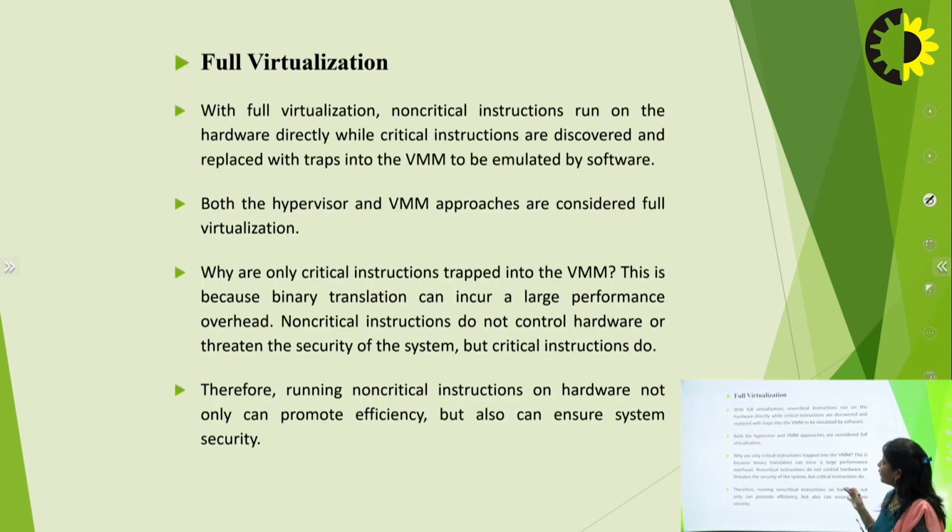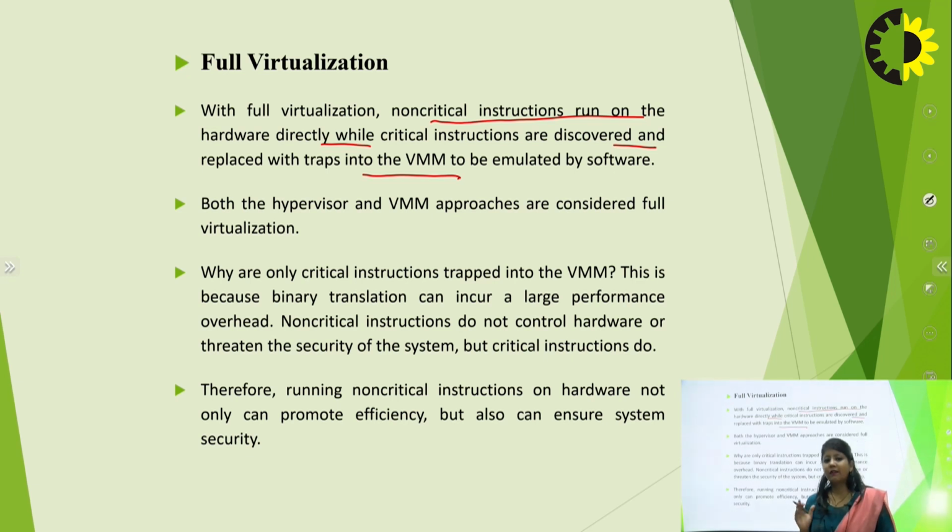In case of full virtualization, the non-critical instructions run on the hardware directly, while critical instructions are discovered and replaced with traps into the VMM. To understand this, we know that for virtualization we first need a hypervisor, or VMM, the virtual machine monitor.